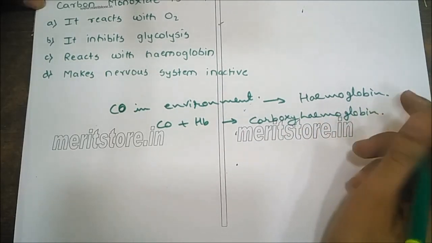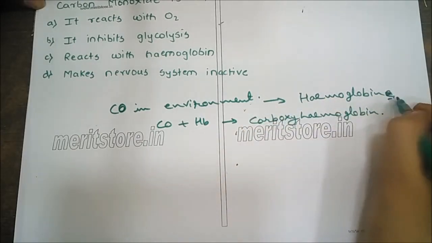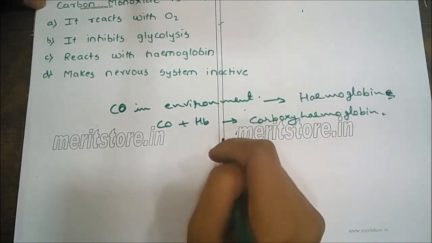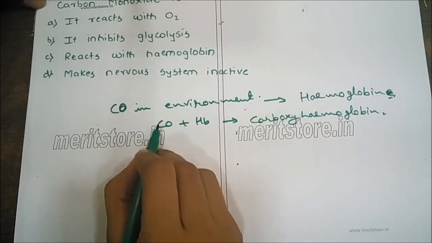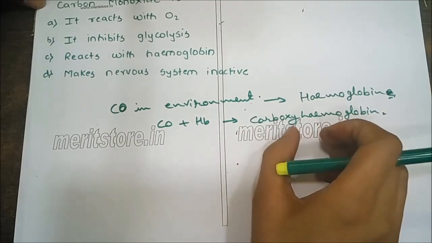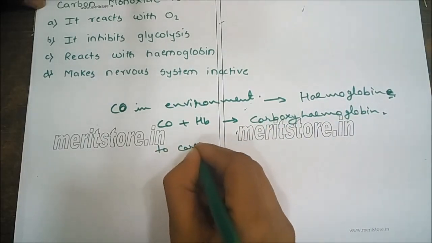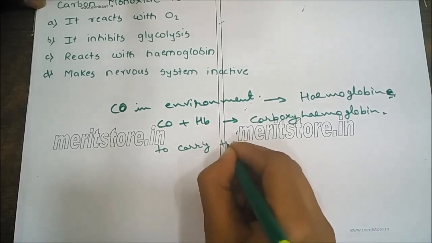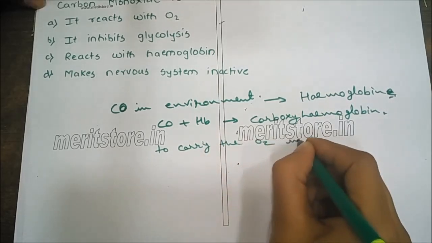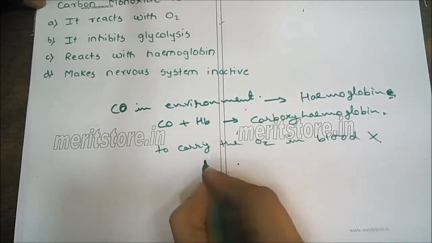As we know, the function of hemoglobin is to carry oxygen in our blood, but after reacting with carbon monoxide, the hemoglobin is blocked and resists carrying oxygen in blood.